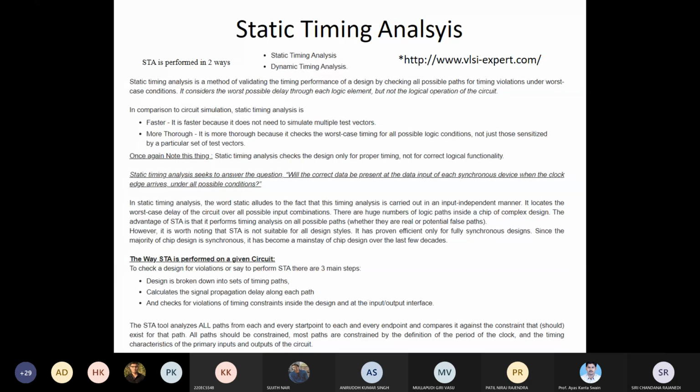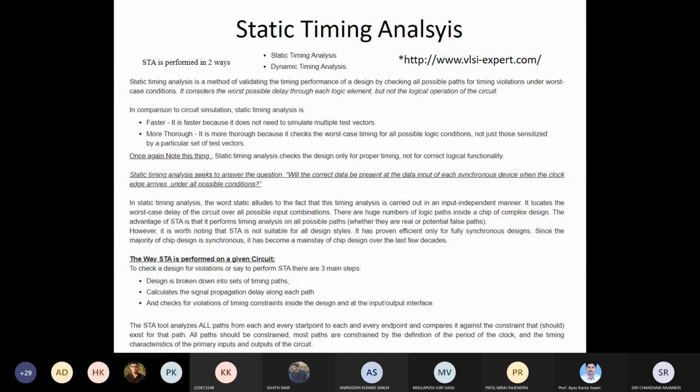There are lots of other methodologies, like SystemVerilog and other verification methodologies. But in order to check the entire design for functional correctness, you require more time.